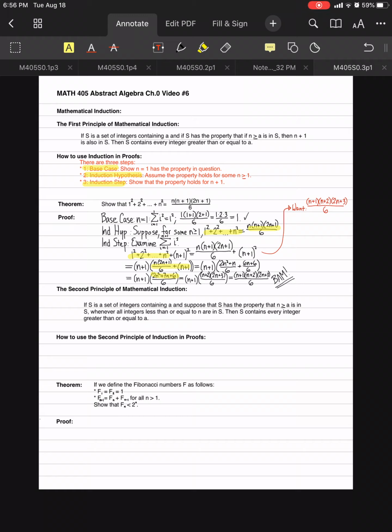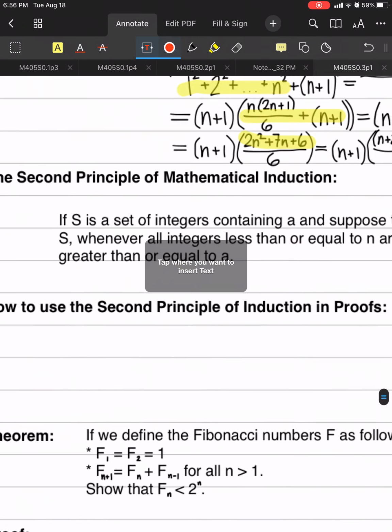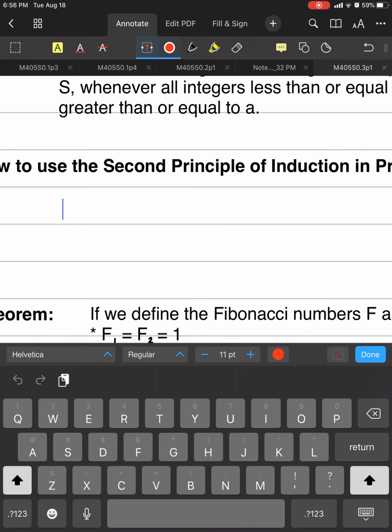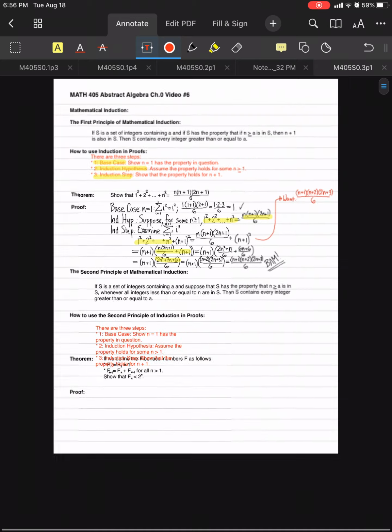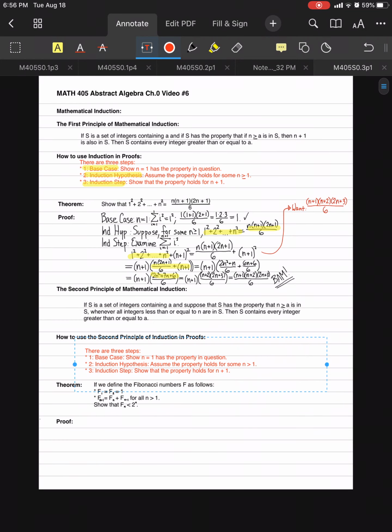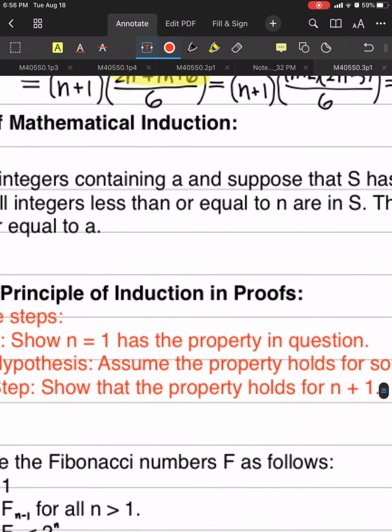So what we're going to do instead here is do something similar to what we did up here. We're going to show the 3 steps like we did before, which are going to be similar, but things are going to be a little bit different.